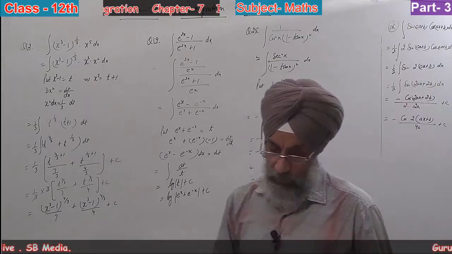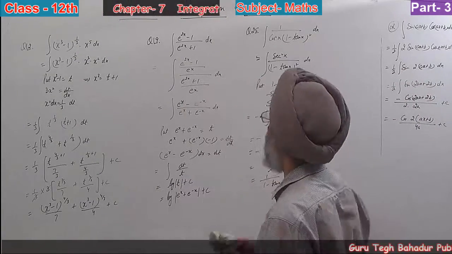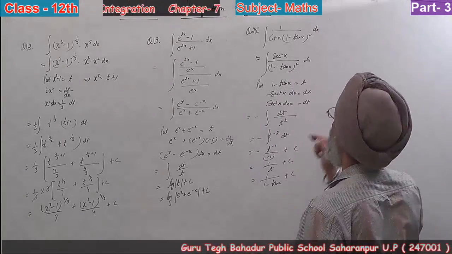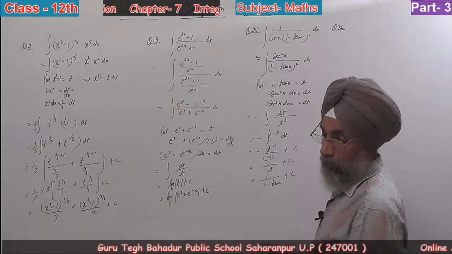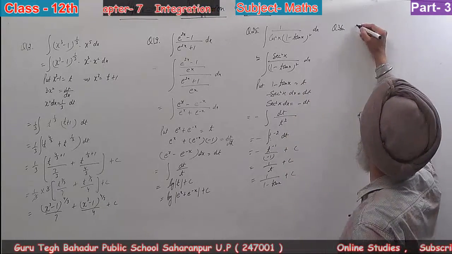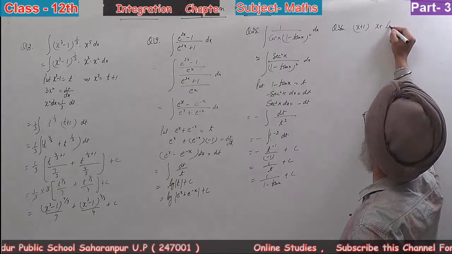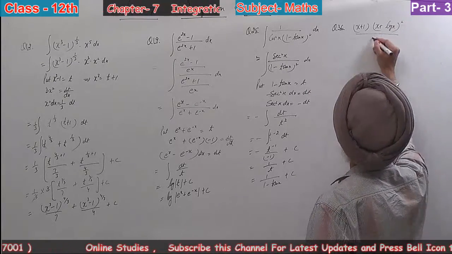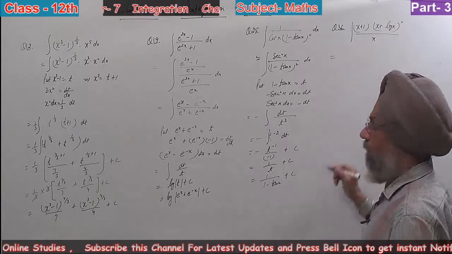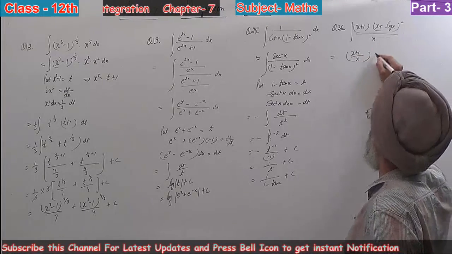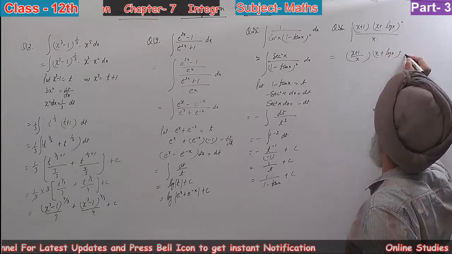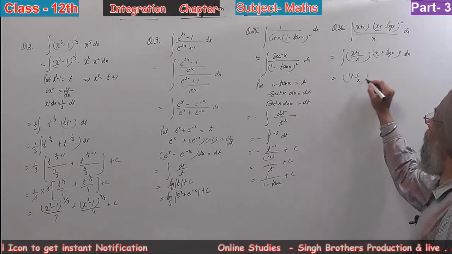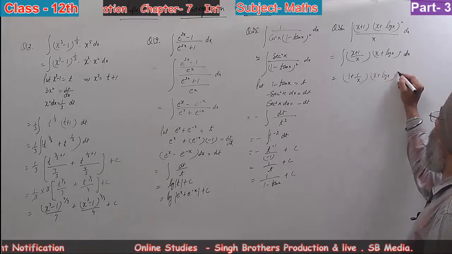Okay. See question number 36. It is (x + 1)/(x + log x)² upon x. It can be written as (1 + 1/x) upon (x + log x)², meaning the same thing, dx.